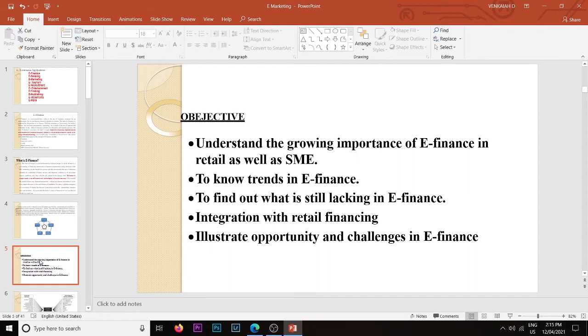And the main aim of e-commerce is to show its importance in retail as well as SMEs, small and medium enterprises. Earlier, only very big business magnates used to utilize this electronic exchange, and now everybody is able to utilize these e-finance facilities, either in retail or to know the trends in e-finance, to find out what is still lacking in e-finance.